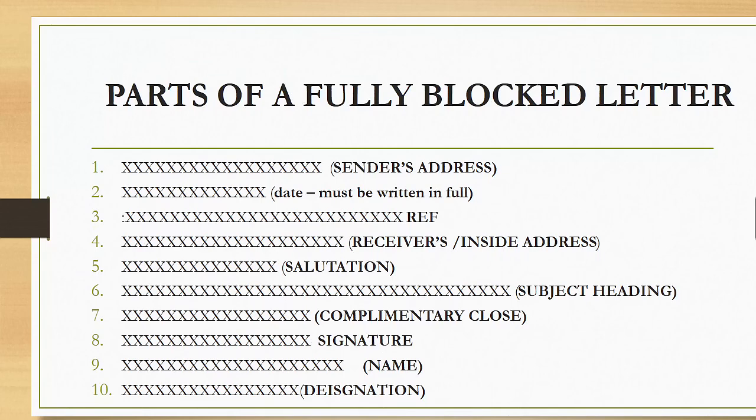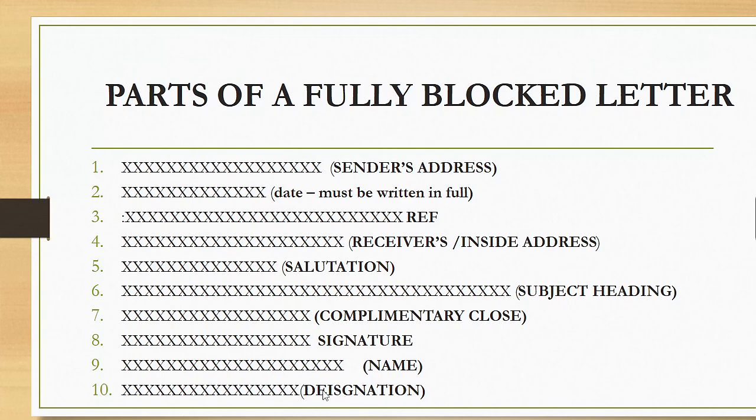Now, as we conclude, this is how a fully blocked letter is organized. As you can see, the 10 parts that I've mentioned are actually captured here. So you start with the sender's address, ensure that the date is written in full, as I had shown you, and of course have some reference, have the receiver's address or the inside address, and of course have some salutation, subject heading, have some complimentary clause here, signature, your name, and designation.